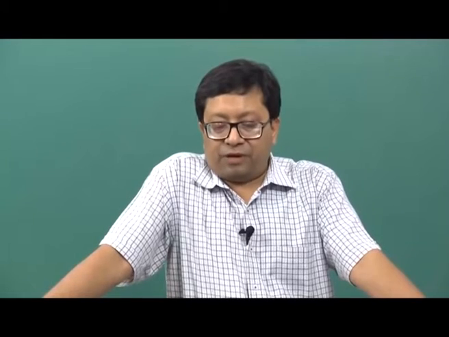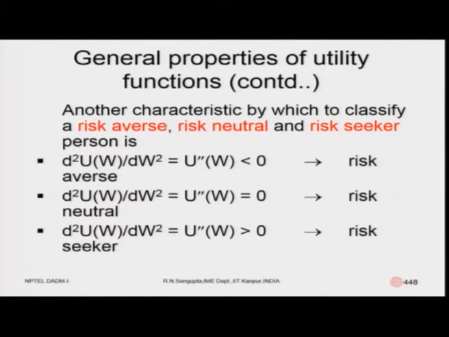Another characteristic by which to classify a risk averse, risk neutral and risk seeking person is this. In the first case, the non-satiation is always true, whether you love the risk, are indifferent to risk, or hate risk.